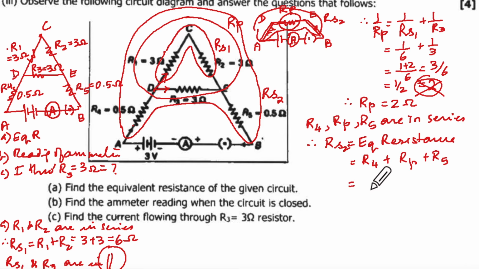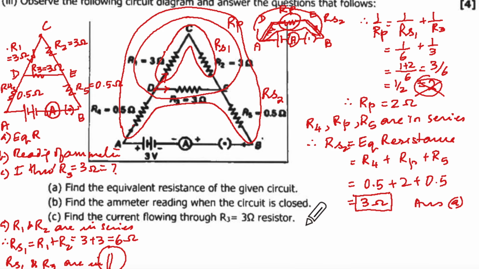Okay, so that is equal to R4 is 0.5, 0.5 plus 2 plus 2 plus 0.5. How much is it? 2 plus 1, that is 3 ohm. Okay, so this is your answer A. You're with me? Yes.